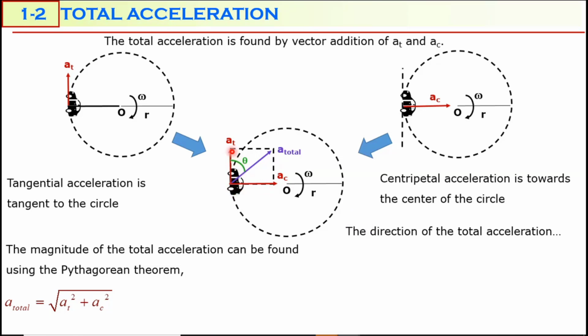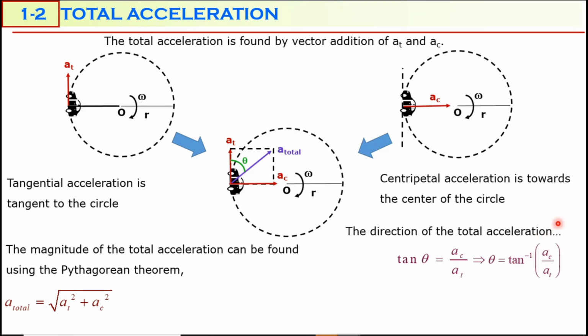Tangent theta, opposite leg, which is AC, divided by adjacent leg, which is AT. By dividing AC by AT, it is possible to get the tangent of this angle. Then you are going to inverse it to calculate the angle theta, which is the inverse of tangent.